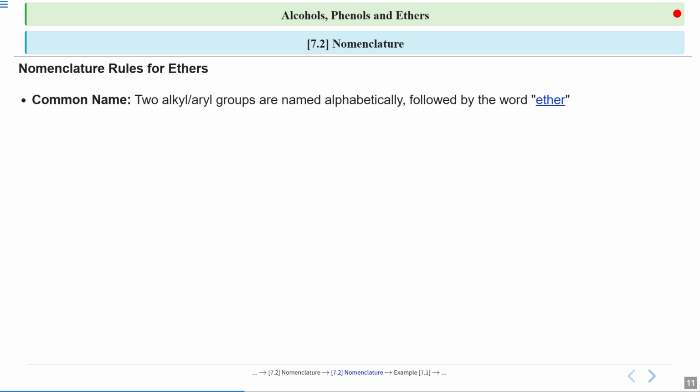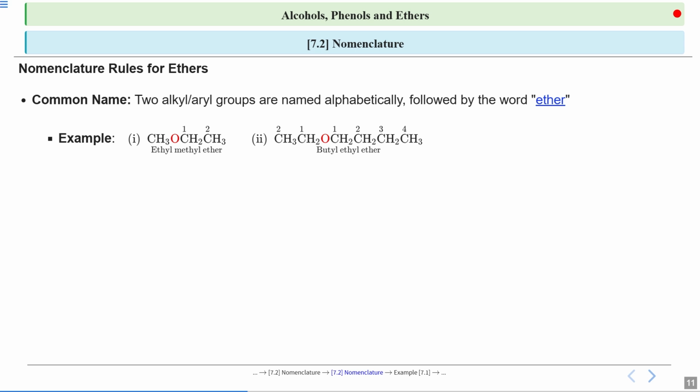O is bound to two R groups, which may be alkyl or aryl or both. So the two groups around the oxygen are named alphabetically, and then you add the word ether for writing the common names of ethers.